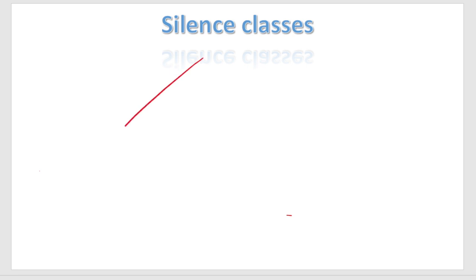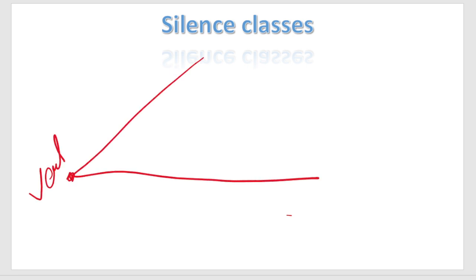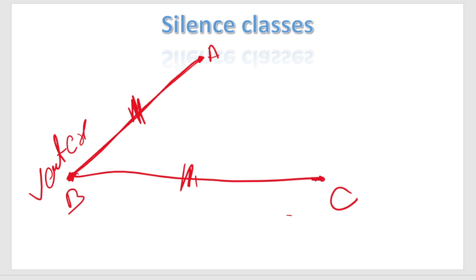Let's take an angle. The meeting points A, B and C are known as vertices. The meeting point of two sides means one line segment and the second one meeting over here is known as a vertex.